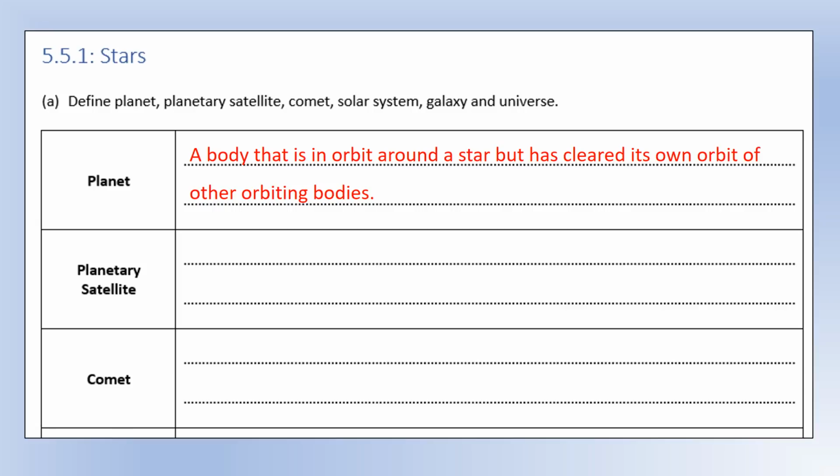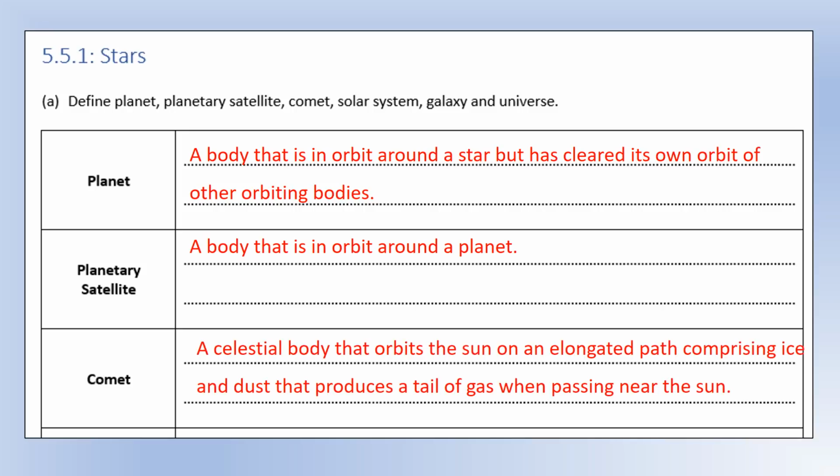A planetary satellite is something that is in orbit around a planet. And then comets are slightly different. They usually have elongated, elliptical orbits, and they are made mostly of ice and dust. We can see them mostly by the tail of gas they produce when they get near the sun, when the ice starts to evaporate.